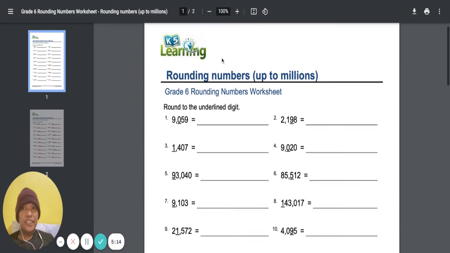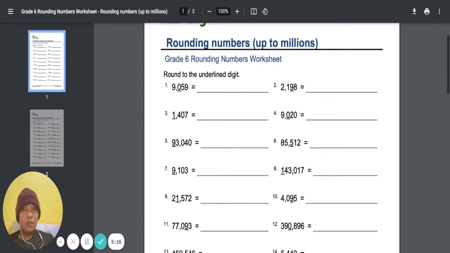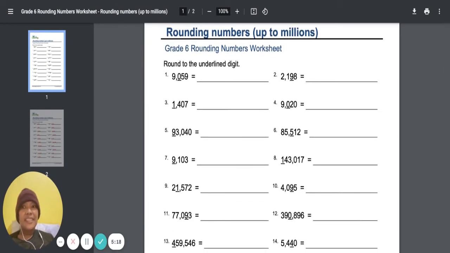Okay, ito po yung example natin. So, this is a grade 6 topic. So, round to the underlined digits. So, ano po yung naka-underline? So, this is ones, tens, hundreds. So, hundreds. So, yung katabi niya po is 5. That is more than or equal to 5.